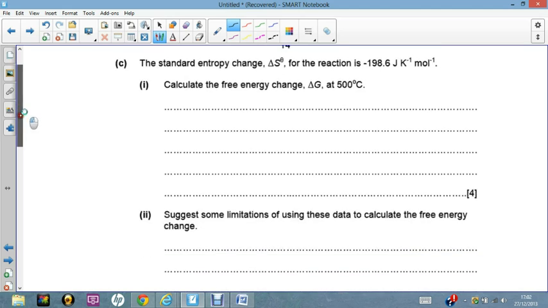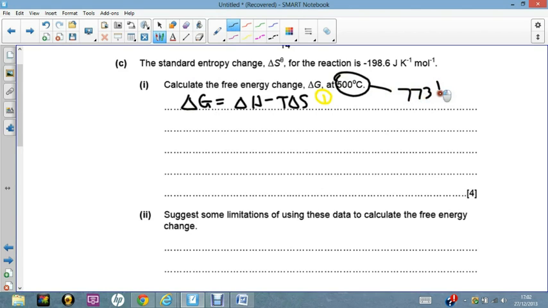Final bit of this question is about entropy. In entropy questions, you pretty much always get 1 mark for stating the equation. Okay, you will also in this question get 1 mark for converting the temperature into Kelvin. Then we're going to sub everything into the equation.